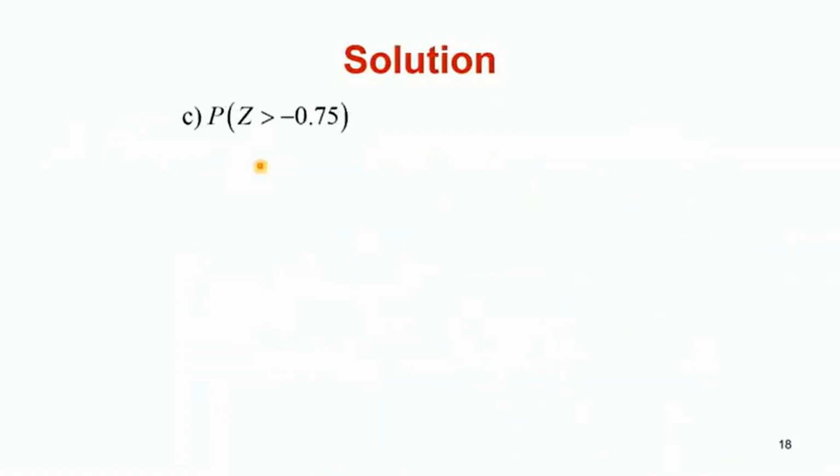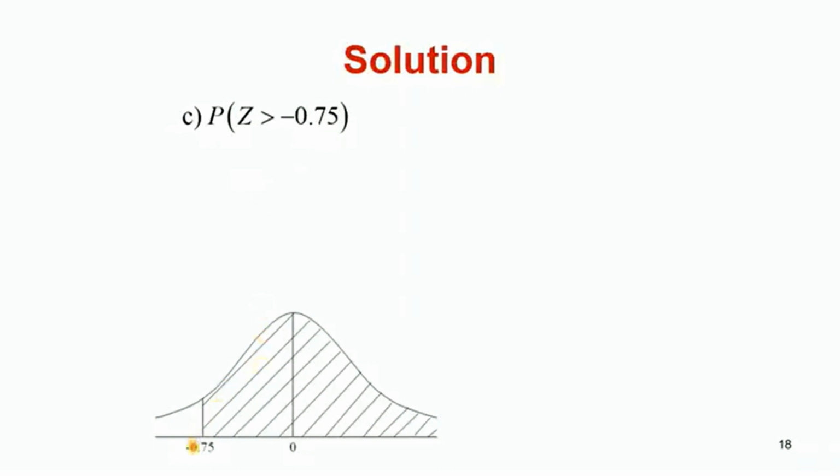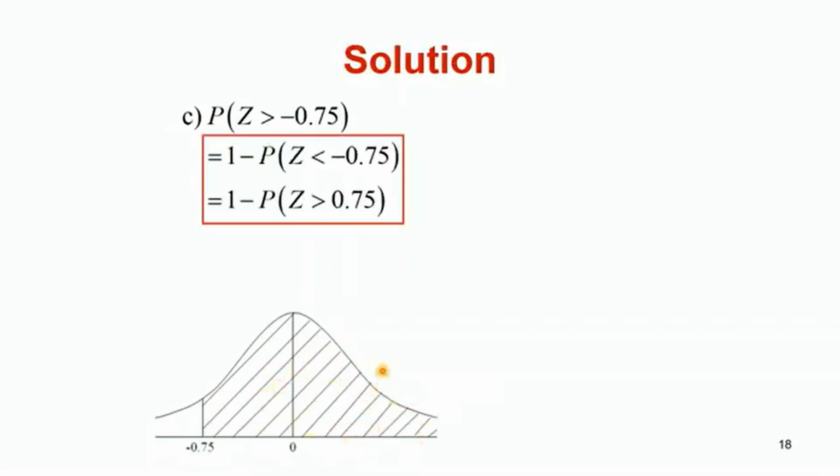Next example is Z more than negative 0.75. Z more than a negative value like this, negative 0.75 on the left side for Z. Then I need all this area. I know the total probability is 1. So I say 1 minus the probability of Z less than negative 0.75 is my answer.